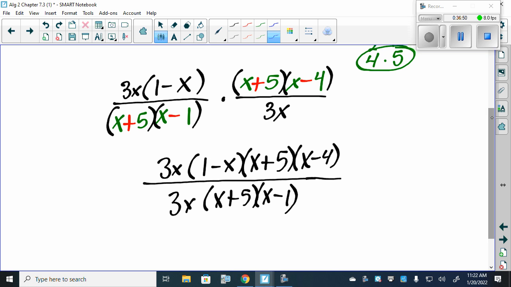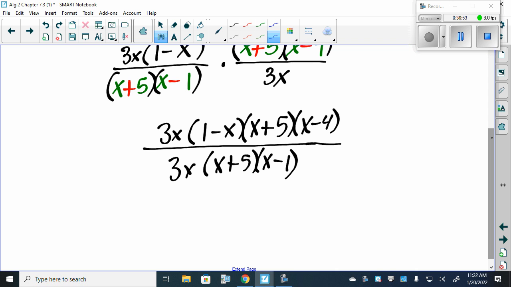Do we have any like terms on top and bottom? So the 3x and 3x, yes. X plus 5 and x plus 5, yes. Anything else?